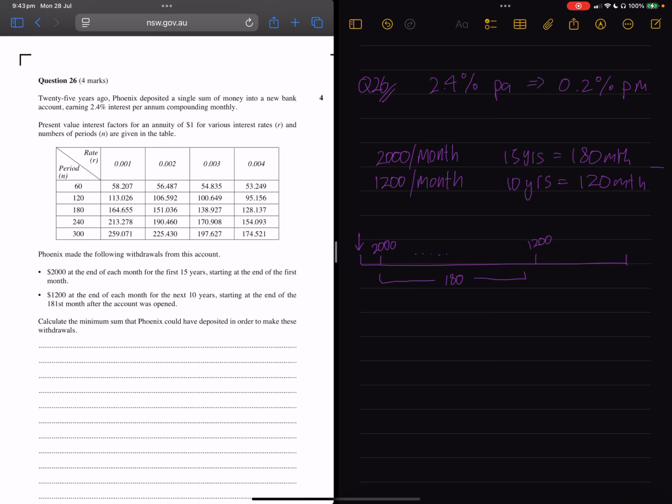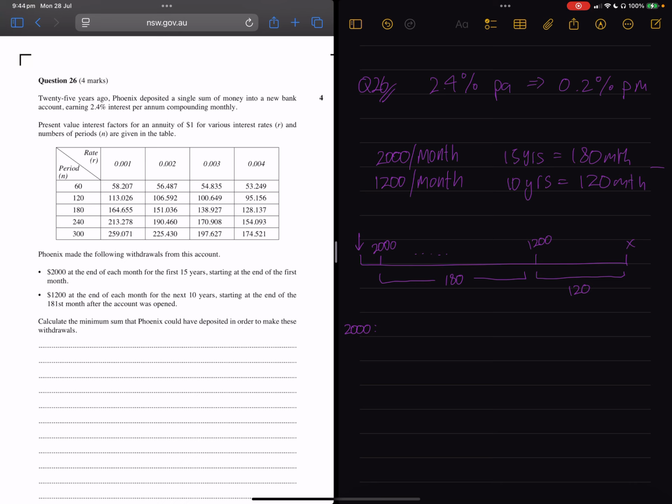So it reduces from $2,000 to $1,200, and then he has 120 of these, and then there is nothing left in the account at the end. So we could think of this as two separate lots of withdrawals.